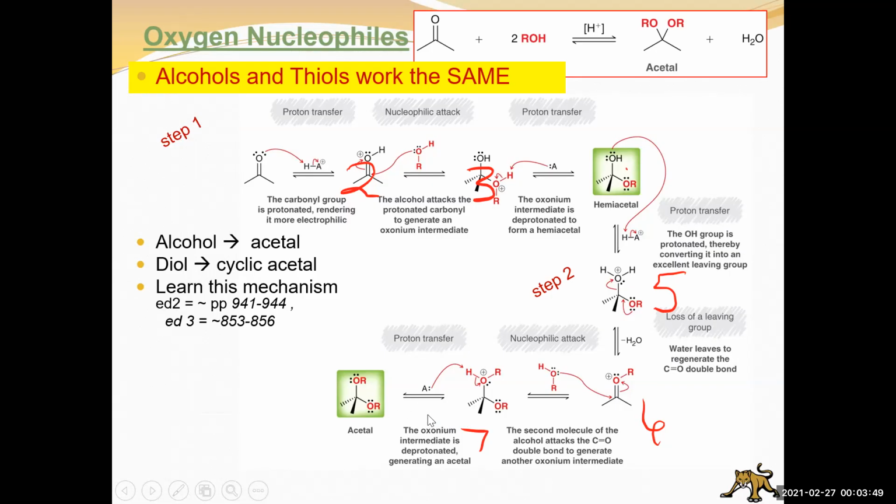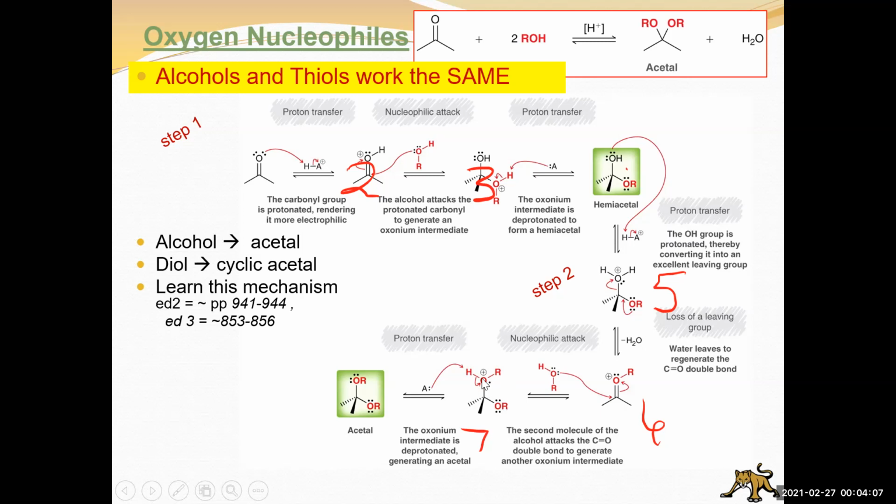You'll need a source of protons. The source of protons will put that proton there. And that's how you get to molecule 7.